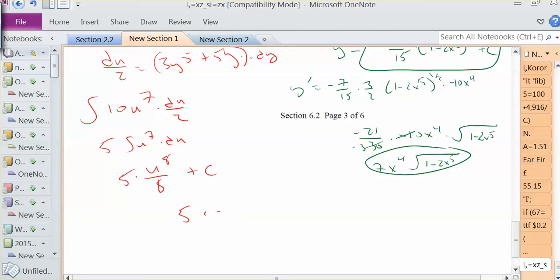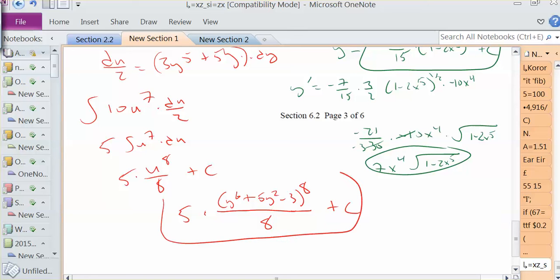So 5 times y to the 6th plus 5y squared minus 3 raised to the 8th power all over 8 plus c. You can take a derivative of that to check to see if it works with respect to y, but yeah, just trust me, it works.